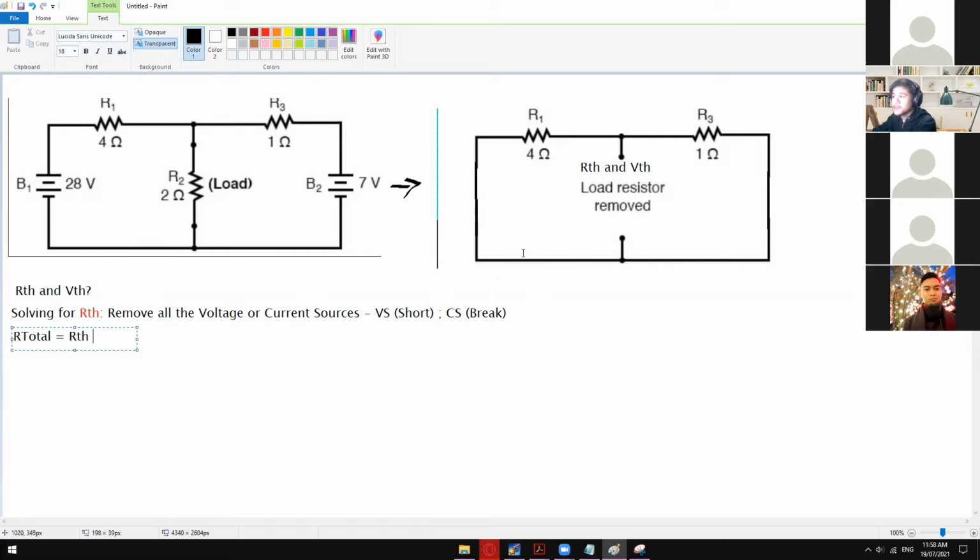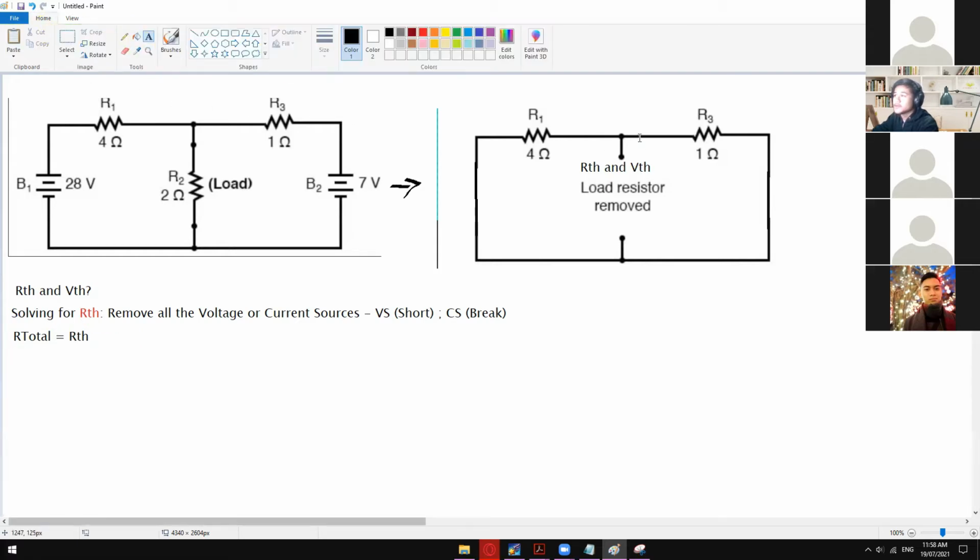But before you can do that, just take note that we didn't completely open this section right here. If this one is completely open, of course we now have a series connection, but it's not.